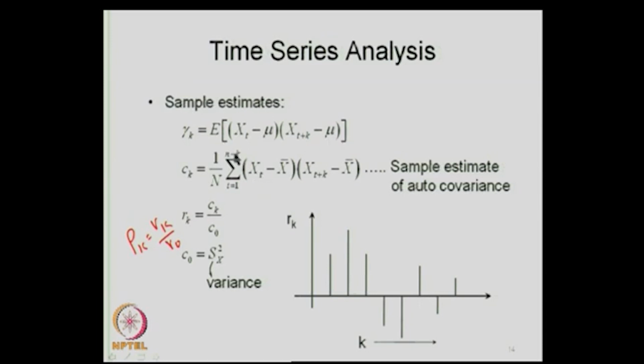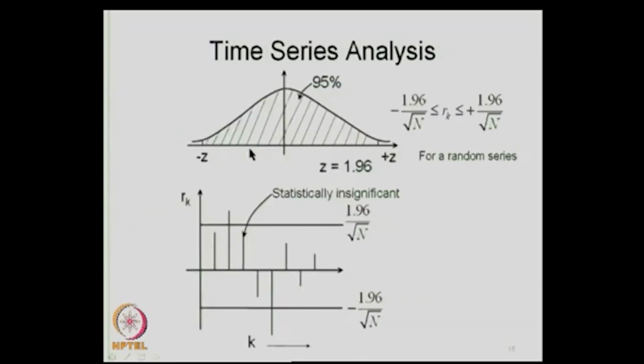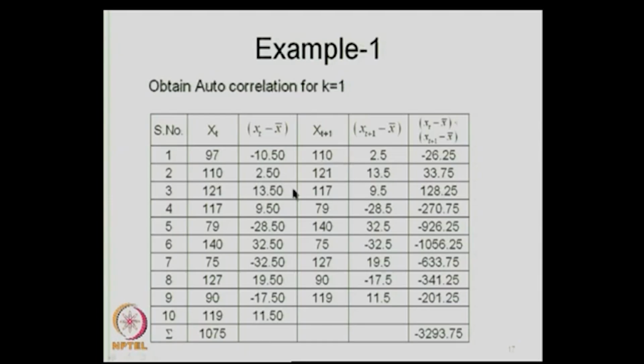For k is equal to 1 you will have n minus 1 values, k is equal to 2 you will have n minus 2 values and so on. And therefore, we generally estimate the rho k, or the autocorrelations, up to about 0.25 n, where n is the number of observations. That means, up to about 25% of the number of observations you compute rho k.